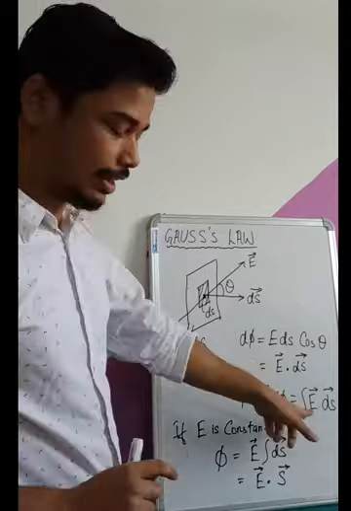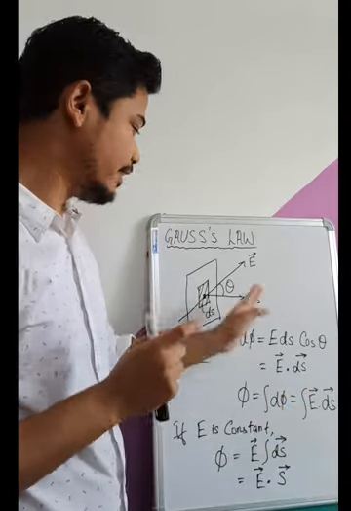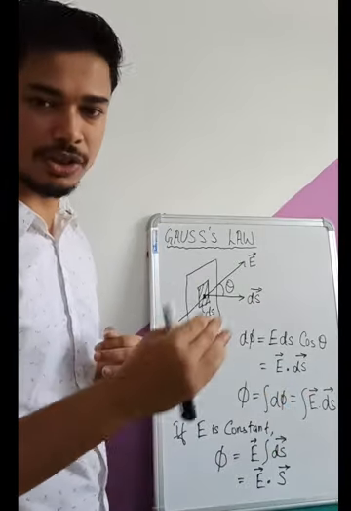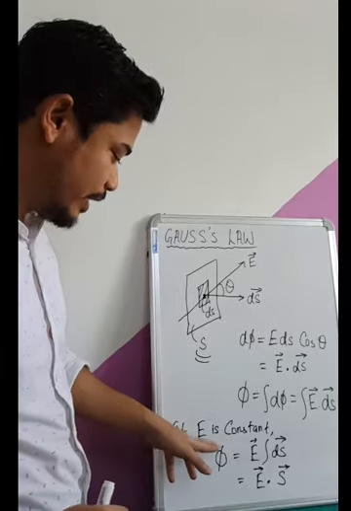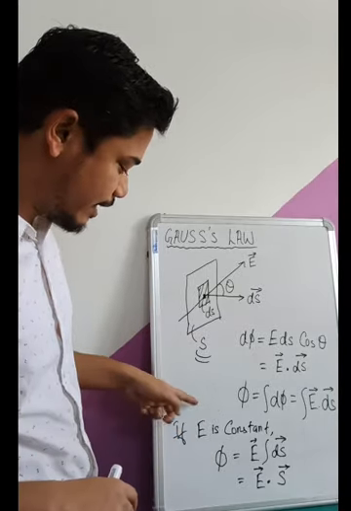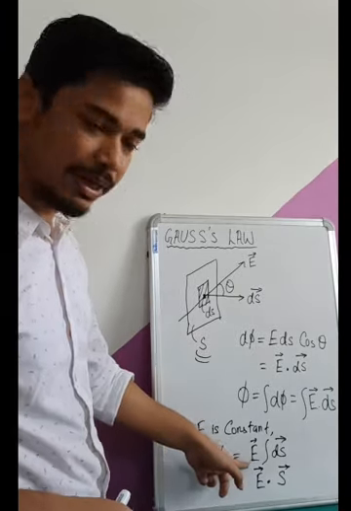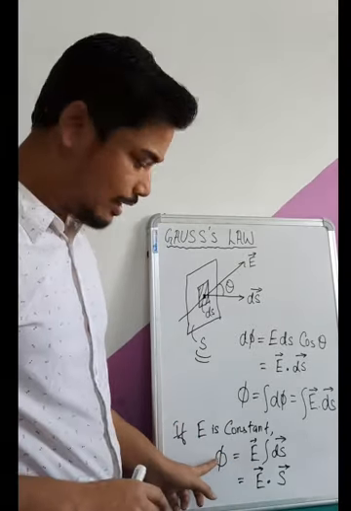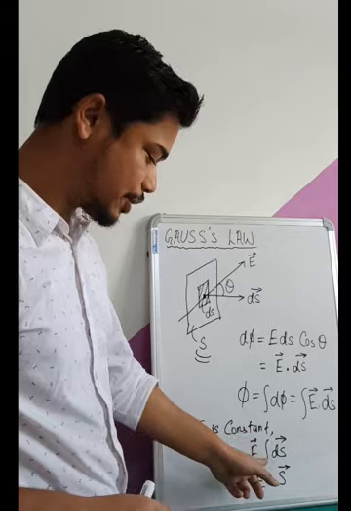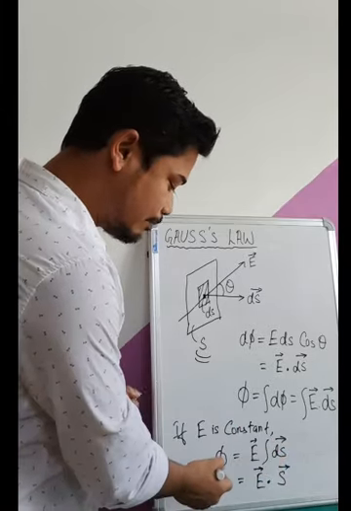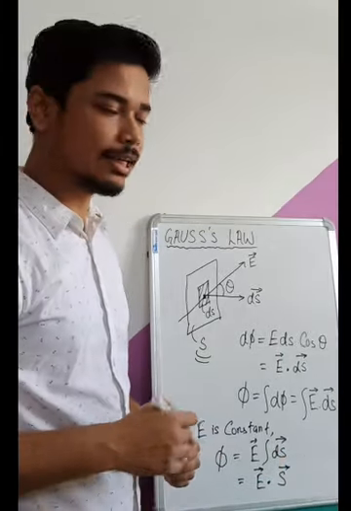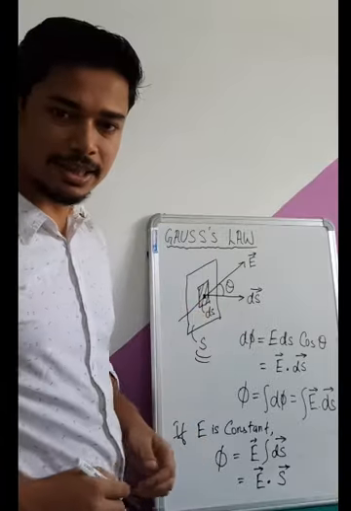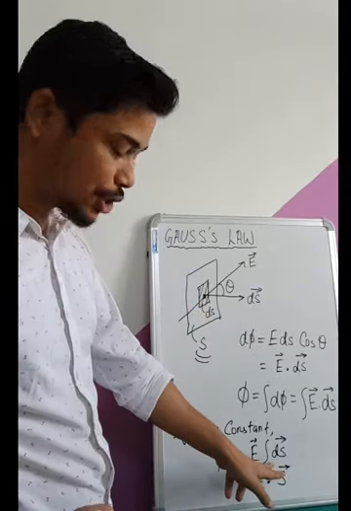If E is a constant quantity, if the electric field does not change, then we can keep E outside the integration. Therefore, we get phi is equal to E times the integration of ds.